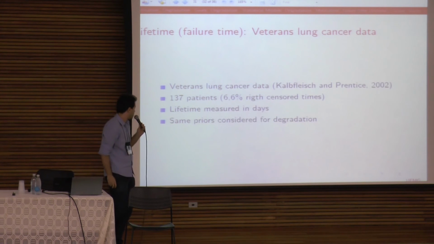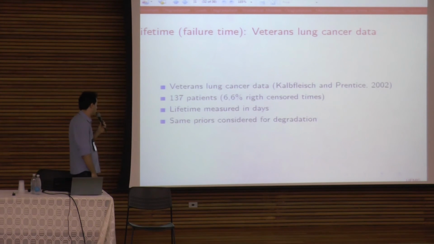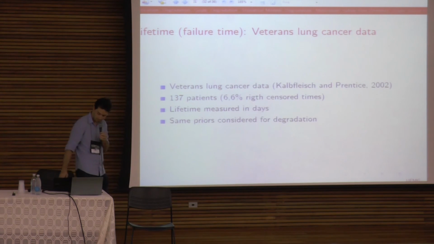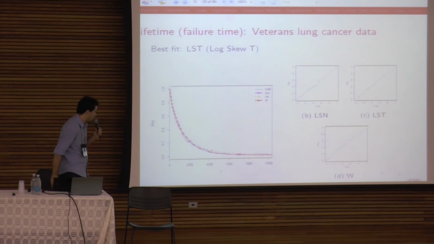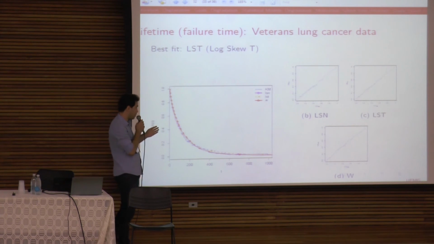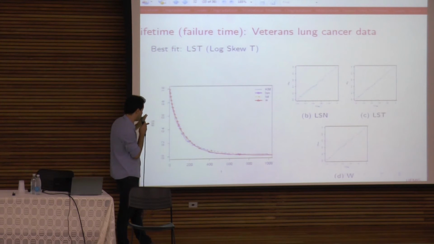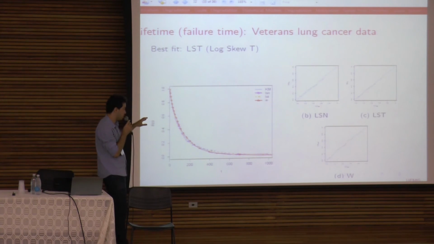We analyze as well the veterans lung cancer data. They have 137 patients, 6.6 censored times. The lifetime is measured in days. We consider the same flat priors we use for degradation. Here are the Kaplan-Meier compared to the survival function for each distribution we've adjusted to the data.